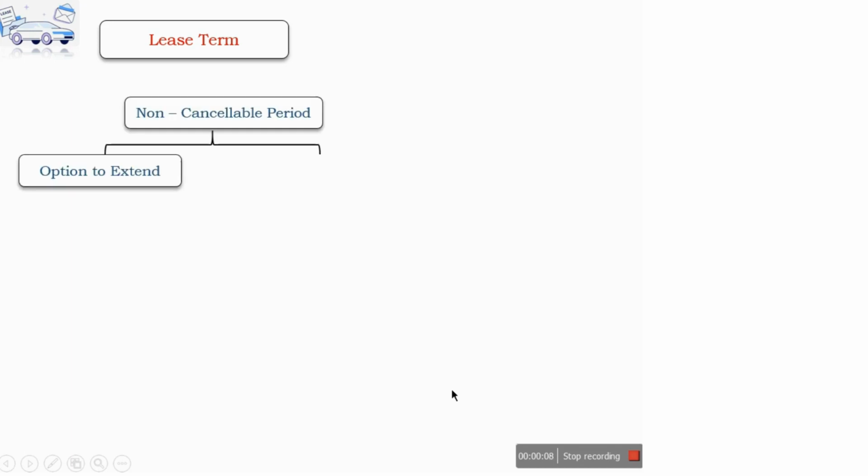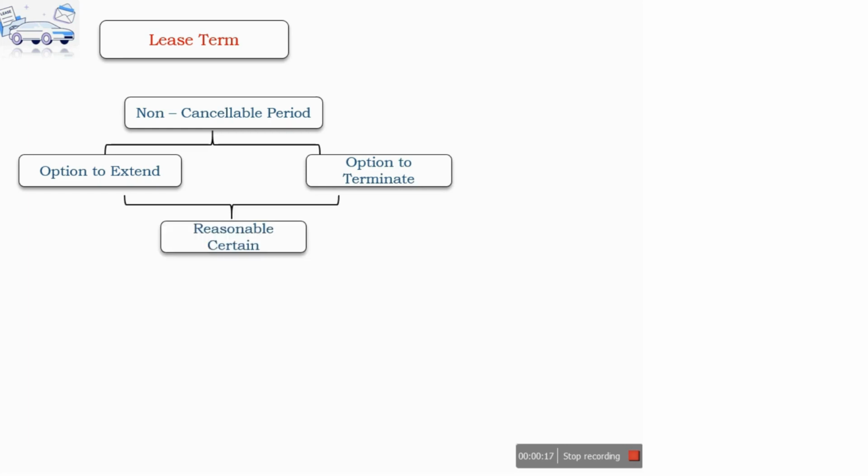Lease term is considered as a non-cancelable period with an option to extend the lease term and an option to terminate the lease term. For both the options to extend and terminate, we need to check the reasonable certainty. If the lessee is certain to exercise the extend option, that period will be considered as a non-cancelable period.